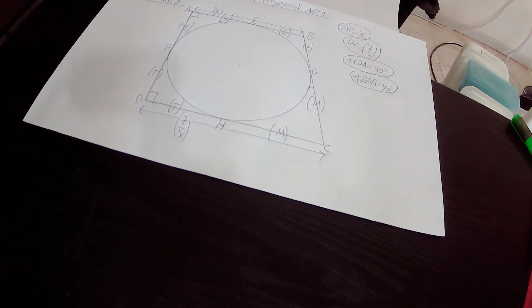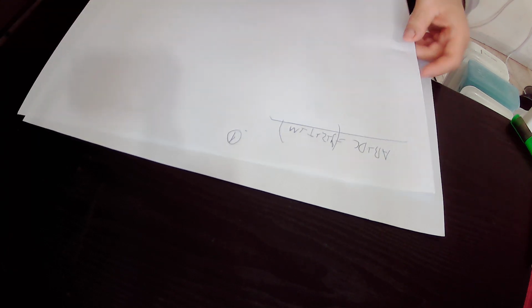Likewise, we relate side AD to the opposite side BC. So what is the value of AD plus BC?